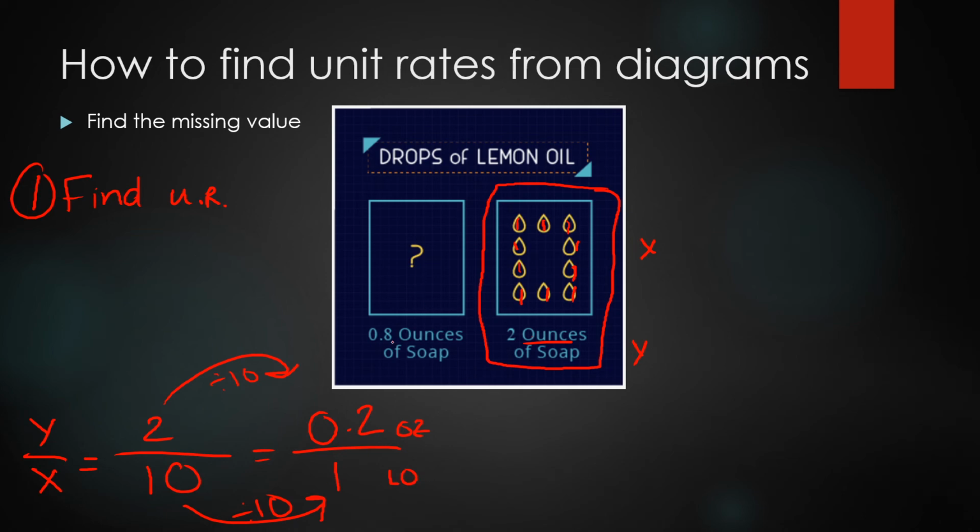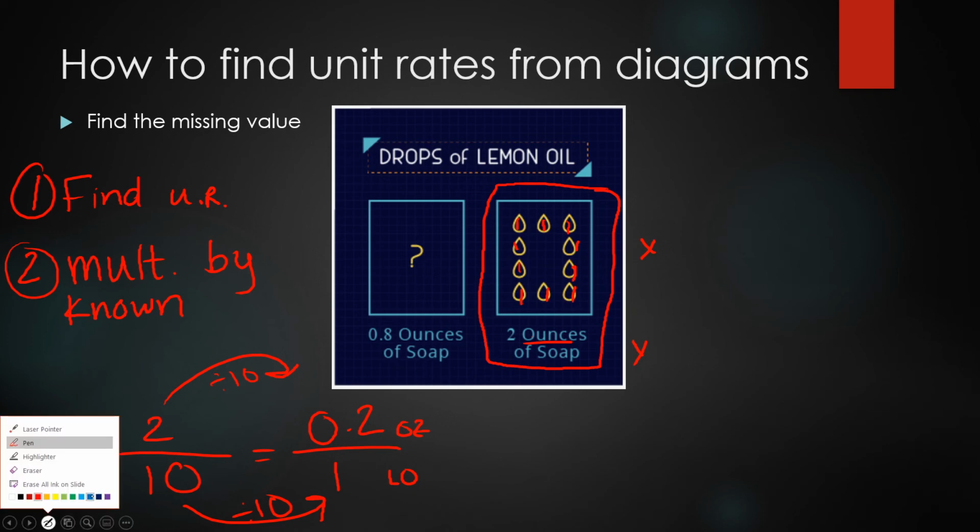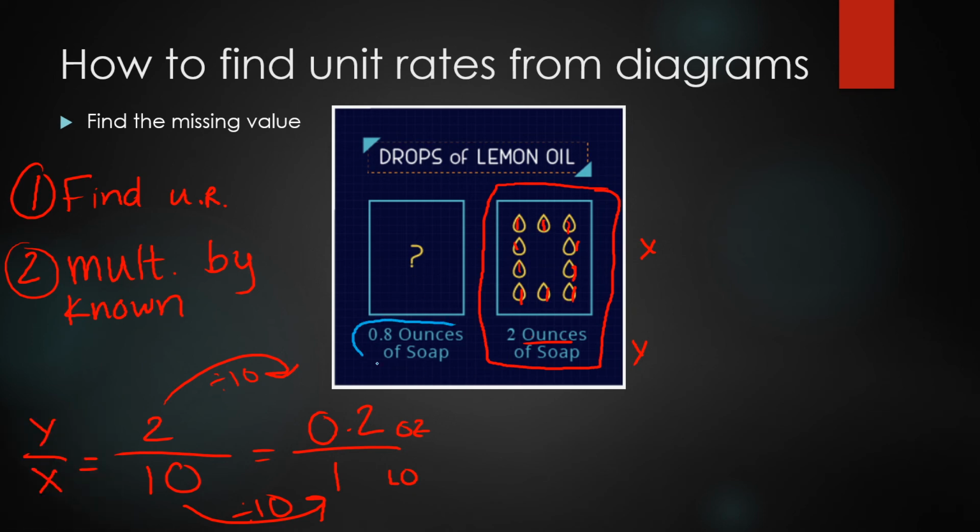Now the next step, once we find our unit rate, we want to use that unit rate and multiply it by our known. My known for this side of my equation is this part here. I know that I use 0.8 ounces of soap.